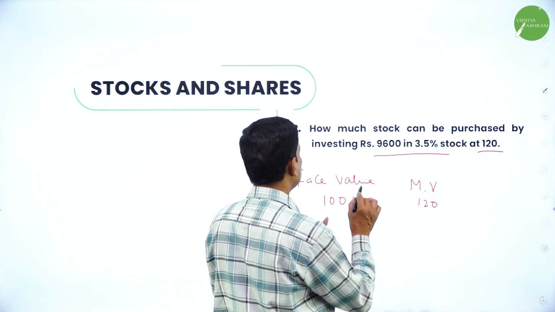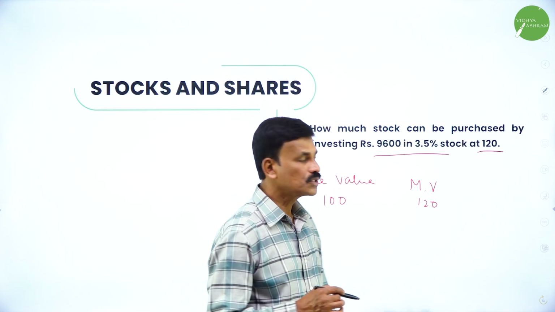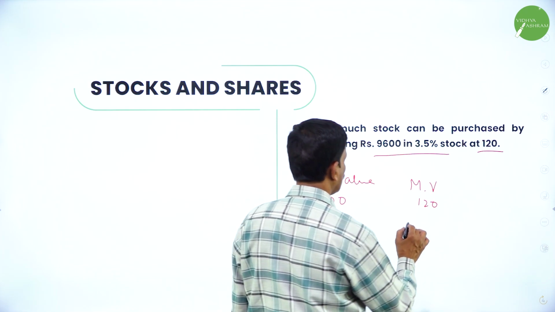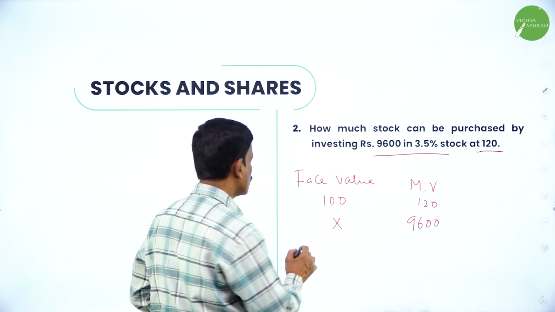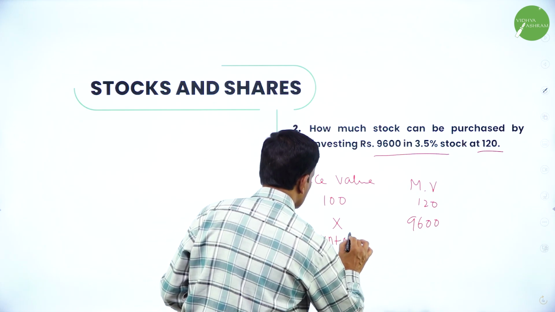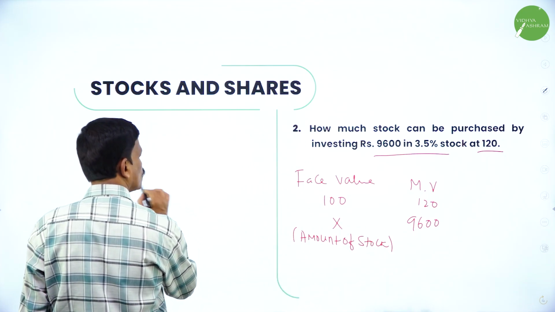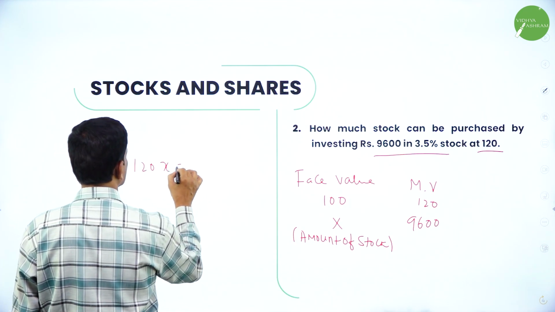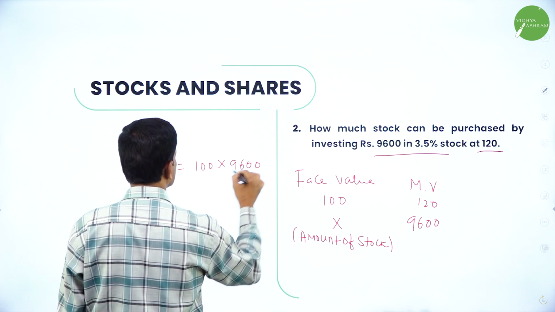Now, investing rupees 9,600 in 3.5% of stock. So the amount of stock is X, and the market value is 9,600. Cross multiplied, 120 into X is equal to 100 into 9,600.